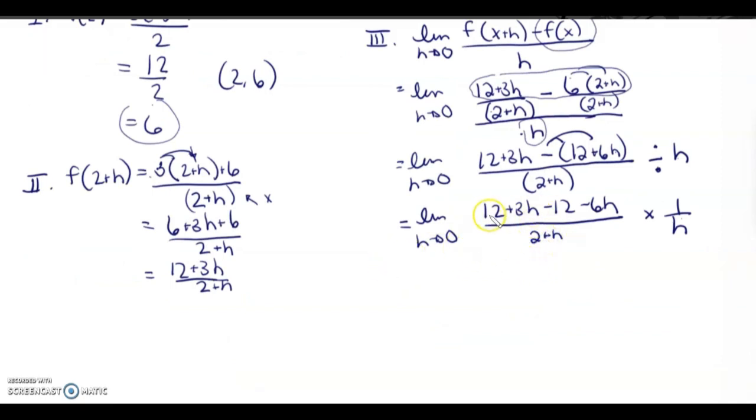And then this is going to be a theme. See how we have 12 minus 12 and those cancel? We're going to see that a lot. So if you have a bunch of cancellations, you know that you're likely doing the question correctly. So 3h minus 6h, I get negative 3h over 2 plus h times 1 over h.